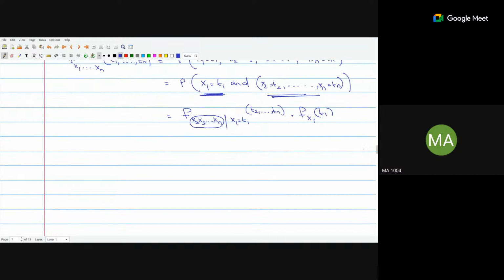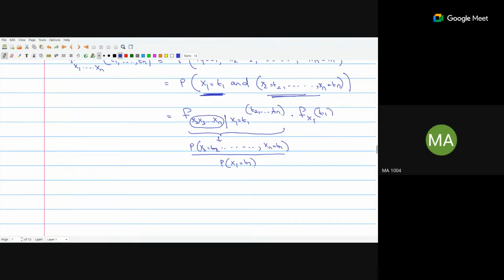Once you can write this, see this conditional. Again I can write it as the probability that X2 is equal to t2 up to Xn is equal to tn divided by the probability that X1 is equal to t1.